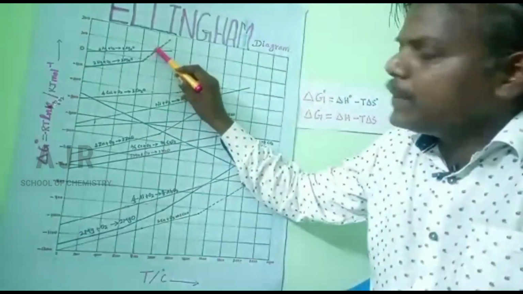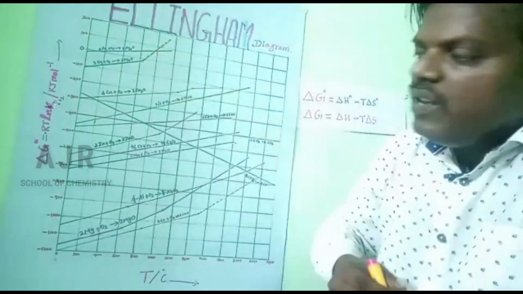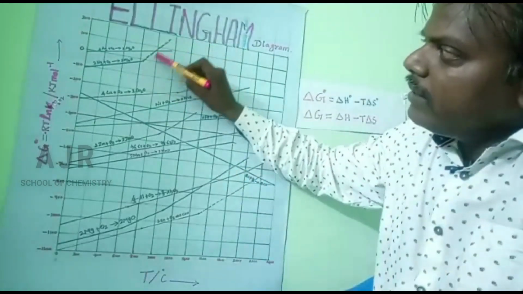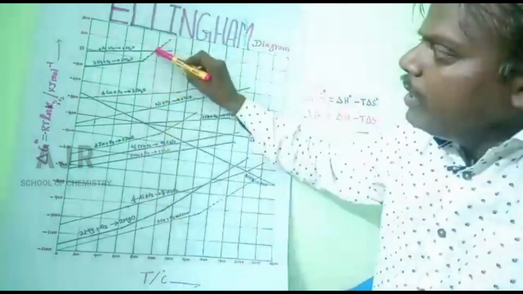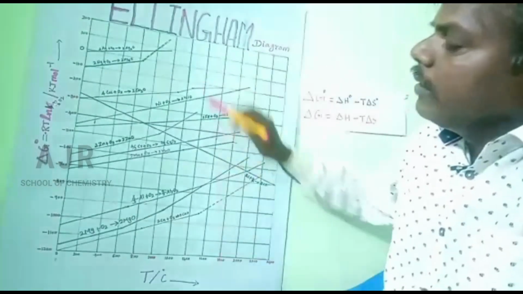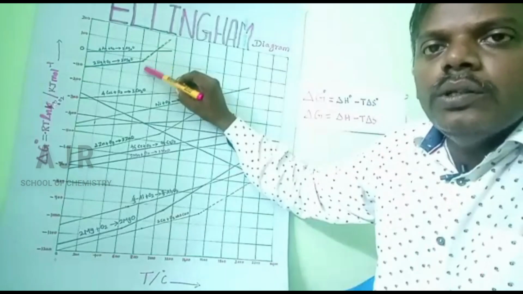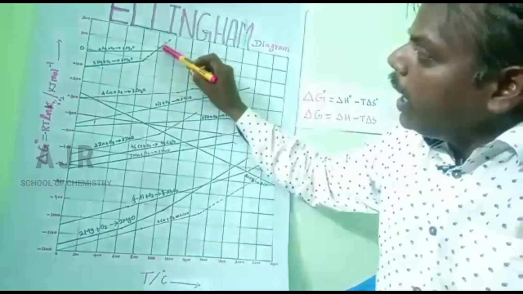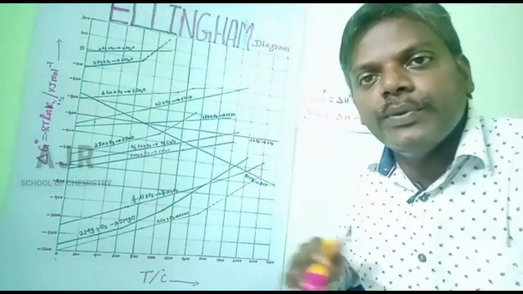From this point we can divide it as below the temperature and above the temperature. Below the temperature, the delta G value is negative. Above the temperature, the delta G0 value is positive.